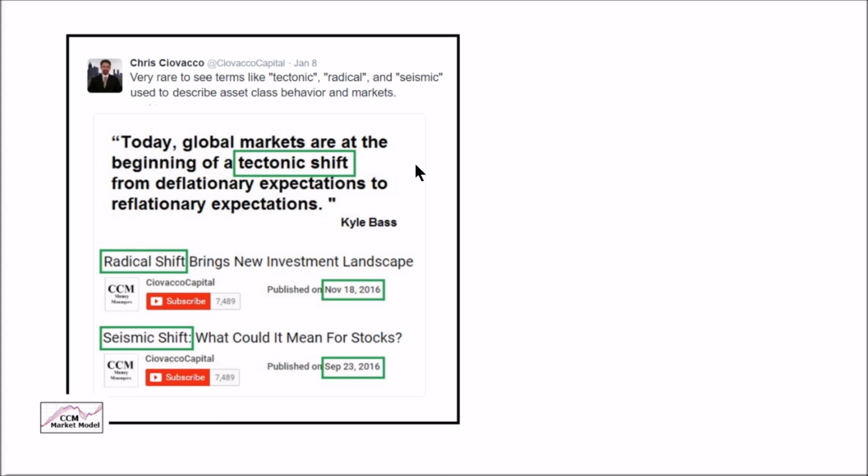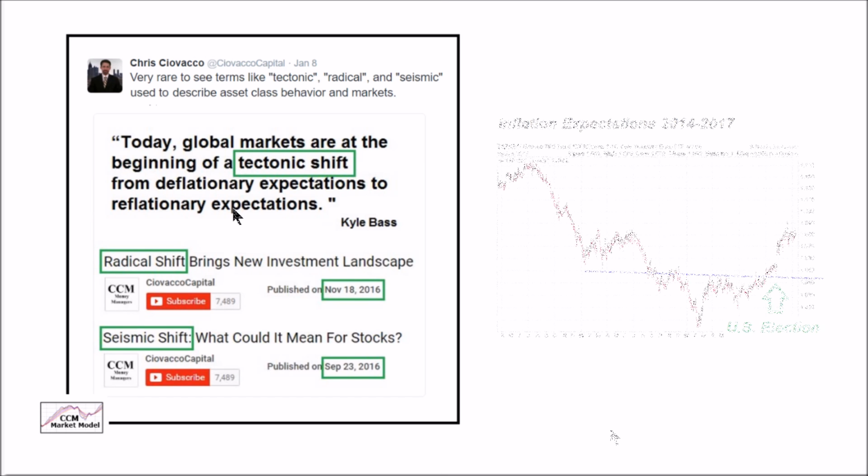He's an extremely successful hedge fund manager and very respected in terms of his research and opinions about the state of the global economy. Kyle Bass: today, global markets are at the beginning of a tectonic shift from deflationary expectations to reflationary expectations.